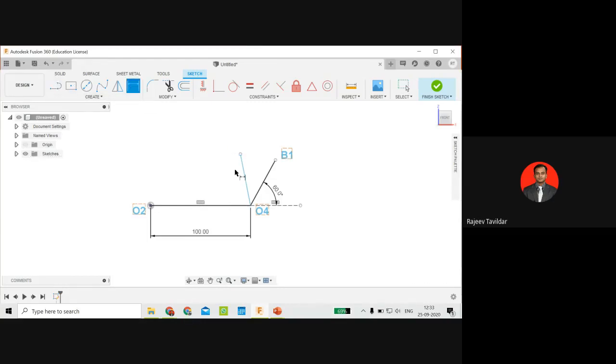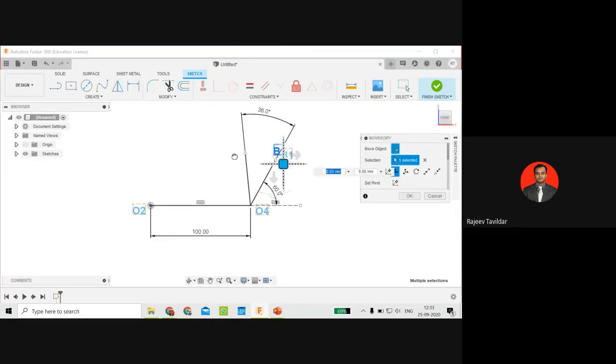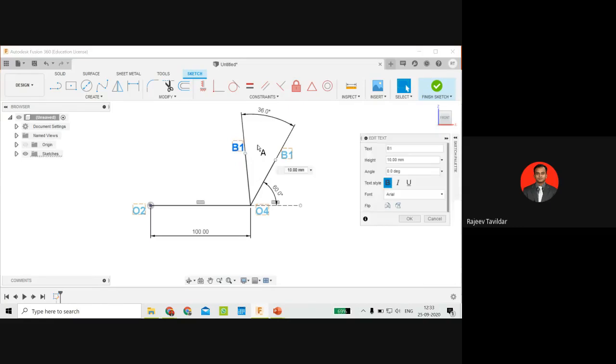So this angle, I'm going to make it as 36. So this is our B2 here. So I've got O4B2, which is at an angle of 36 degrees with respect to B1.